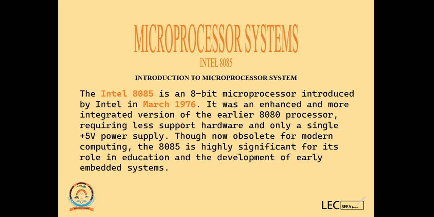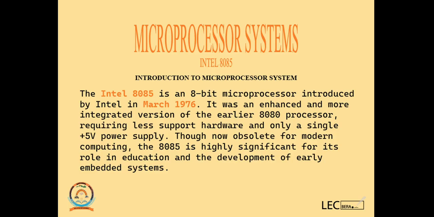So, of course, this was not the first microprocessor which was designed by Intel. Those days we had a previous version which was actually more popular, but it was less powerful compared to 8085, and this was Intel 8080.